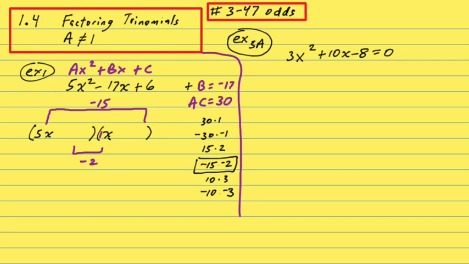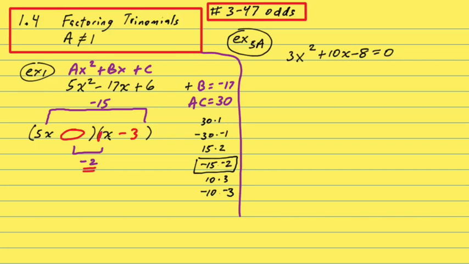So what I usually do is I say 5 times what equals negative 15. 5 times negative 3 equals negative 15. 1 times what equals negative 2?